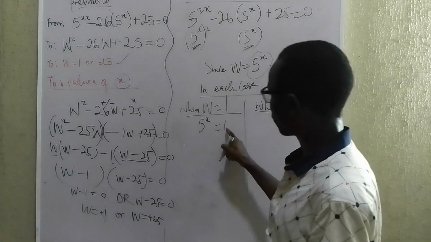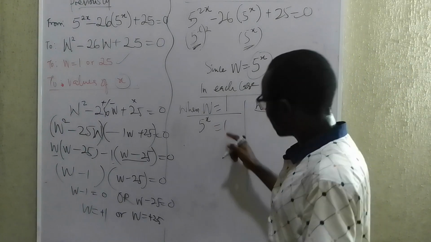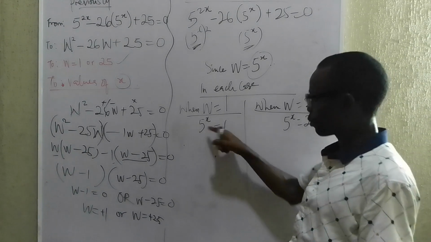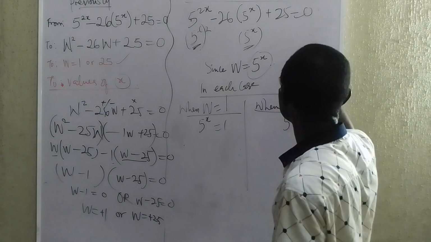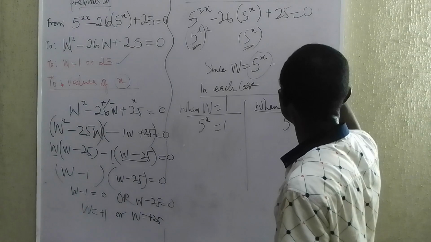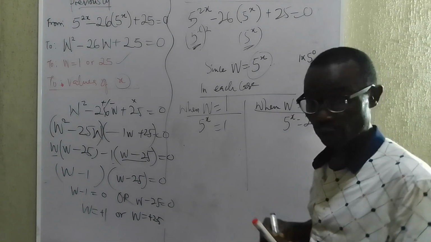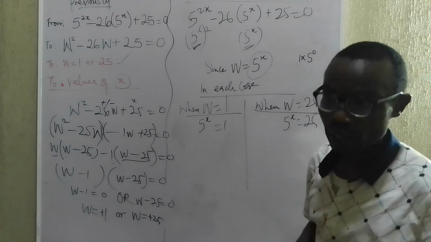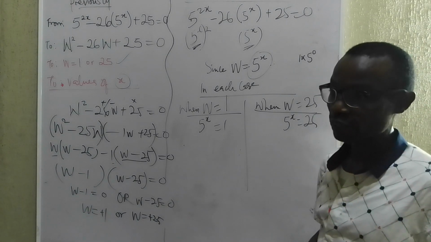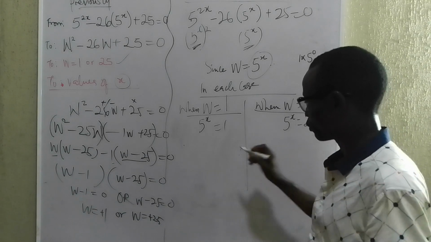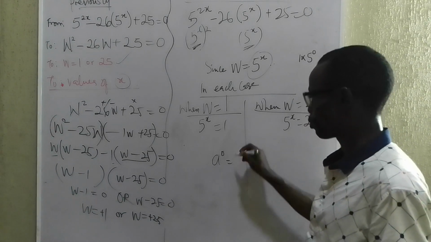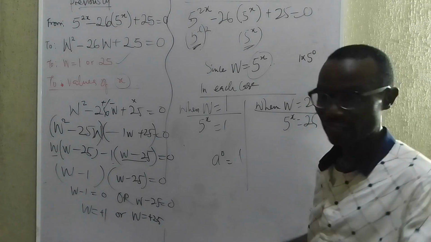So what is 1? Let this look like this. 1 is the same thing as 5 raised to the power 0. You know why? From the zero power rule, the power of 0 rule says that any number raised to the power of 0 is equal to 1, except 0.